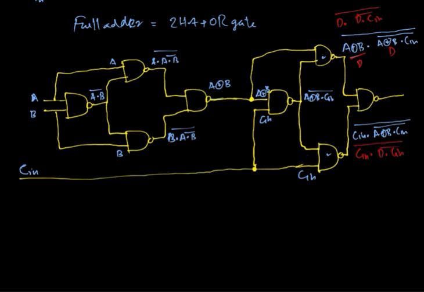It will be exactly like instead of B we can have C in, instead of A we can have D. So this one gives the output D exclusive OR C in, but D is nothing but A XOR B. So the actual output of this circuit will be A XOR B XOR C in, that is the sum. So here we will obtain A XOR B XOR C in, the sum.